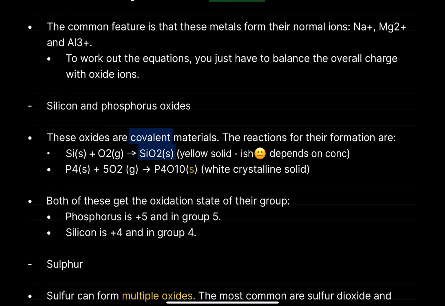P4 plus 5O2 goes to P4O10. Now I've represented it by P4 because that's how phosphorus is in its natural state. It's 4 phosphoruses, and silicon is actually Si8.